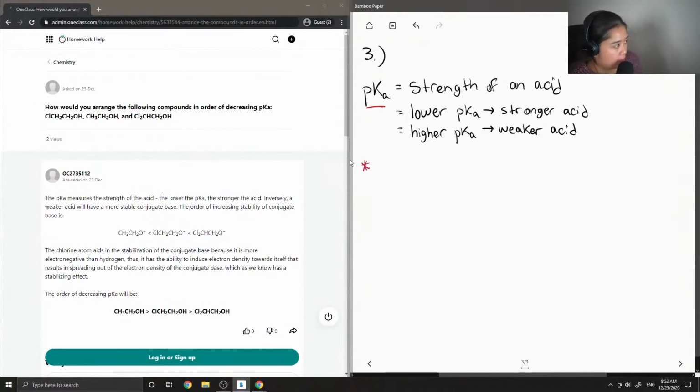if we look at the question, they gave us different acids, and each of them has a different number of chlorine atoms attached to them. So when you have compounds with more chlorine or electronegative atoms, they tend to be more acidic.